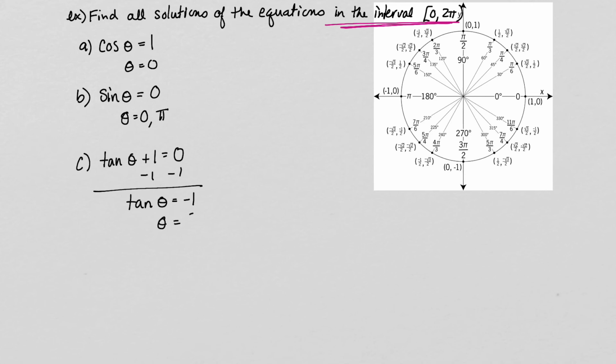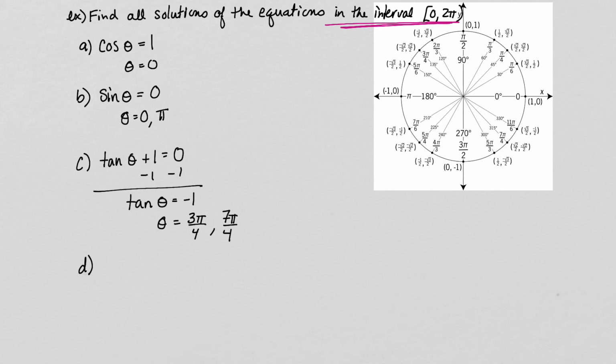So theta is going to be 3 pi over 4, 7 pi over 4. Questions? Okay, do one more here.